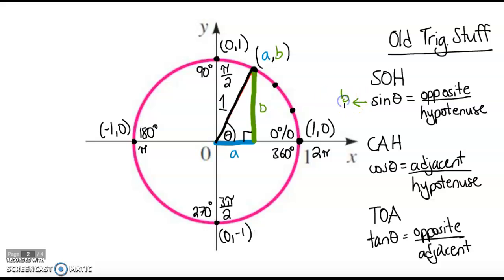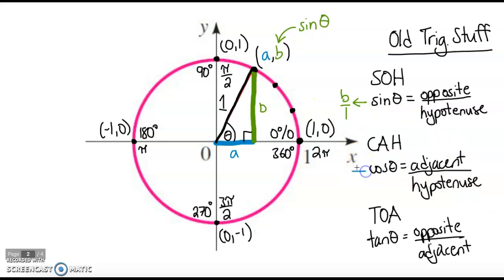So I'd have B over 1, which is really just B. And so if I'm given an angle, because I won't be given a right triangle in my unit circle, but if I'm given an angle and I would like to find the y coordinate of the point on that unit circle, all I have to do is find sine of that angle.